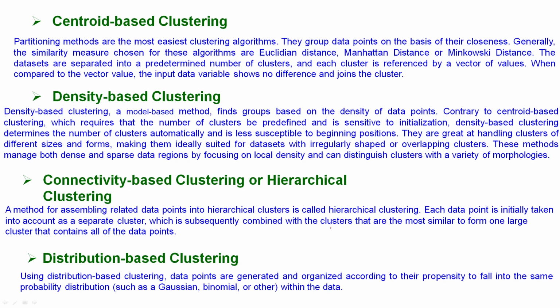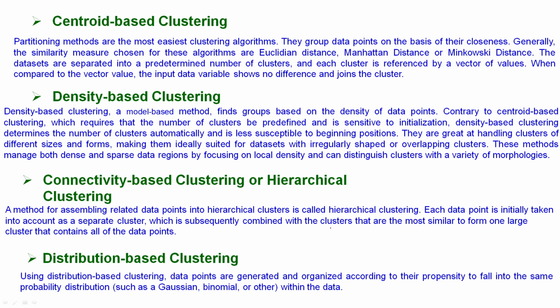That is what density is, and therefore, it is less sensitive to beginning assumptions or beginning positions. These are good at handling clusters of different sizes and forms, making them ideally suited for databases to regularly separate overlapping clusters. Remember, in centroid clustering you do not actually overlap clusters, but here you can do overlapping clusters also.